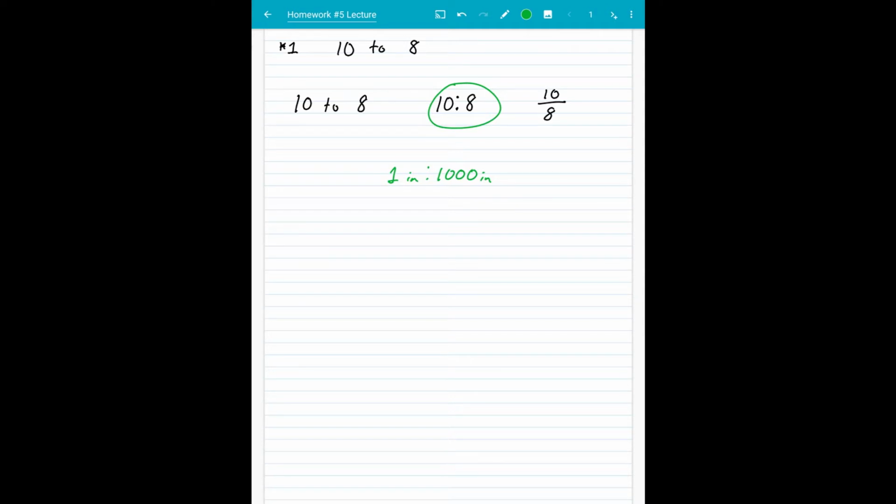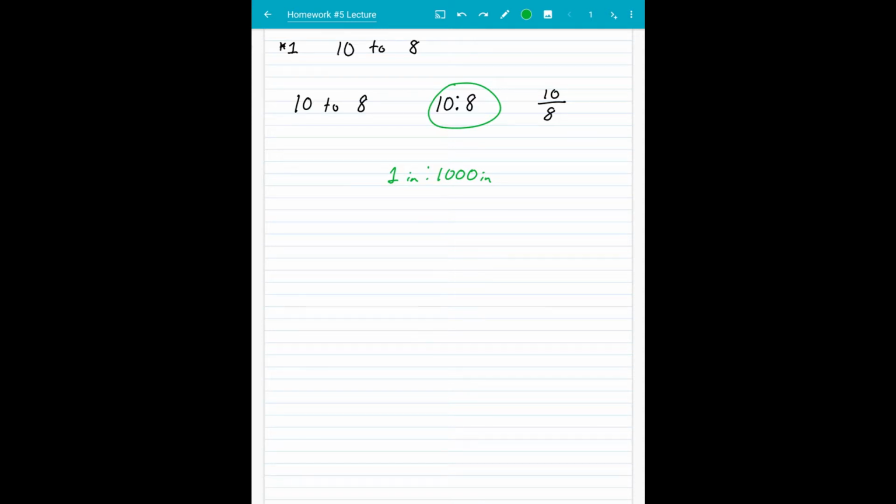That would be a ratio. With ratios, the unit of measurement is the same: inches, inches, miles, miles, cups and cups. The ratio stays the same to keep it proportional.